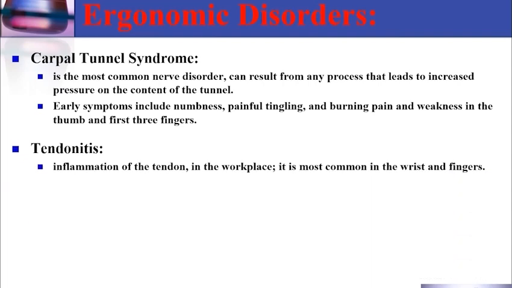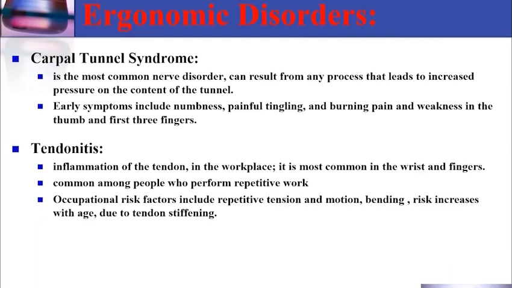Tendinitis is inflammation of the tendon in the workplace. It's most common in the wrist and fingers, common among people who perform repetitive work. Occupational risk factors include repetitive tension and motion, and bending. Risk increases with age due to tendon stiffening.